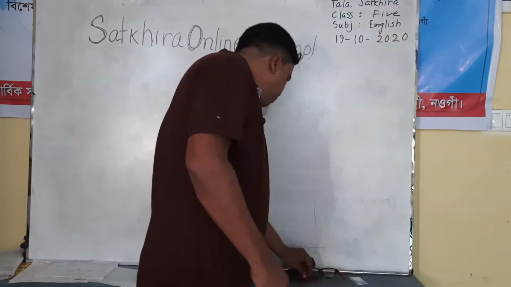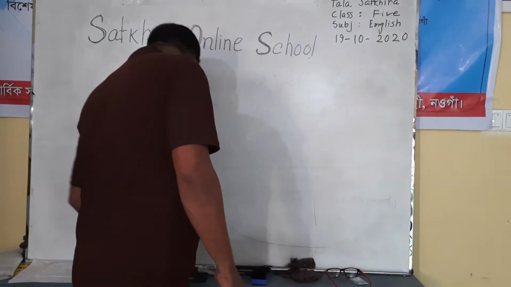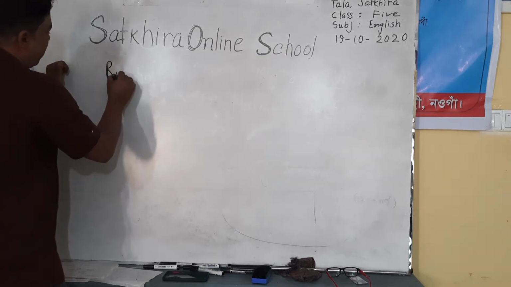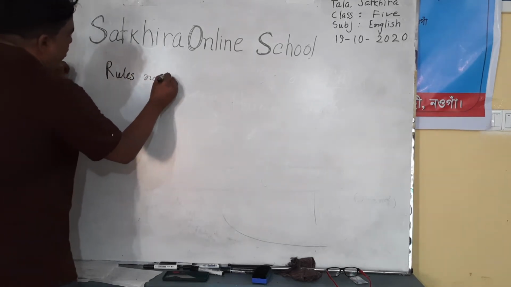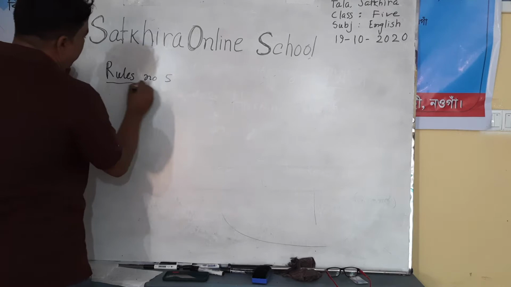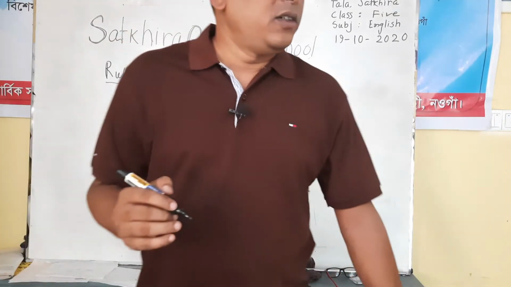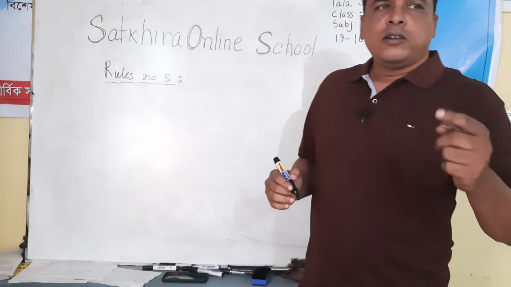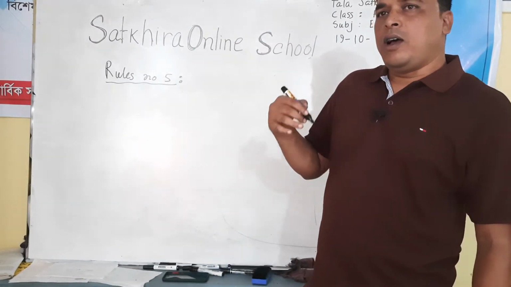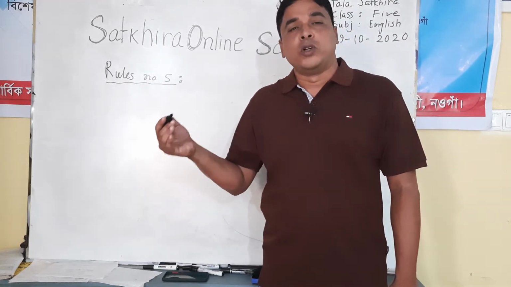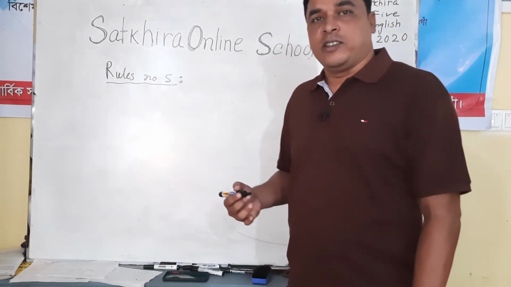Now, rule number 5 of changing number. This is the system of changing the number from singular to plural that we are discussing here.